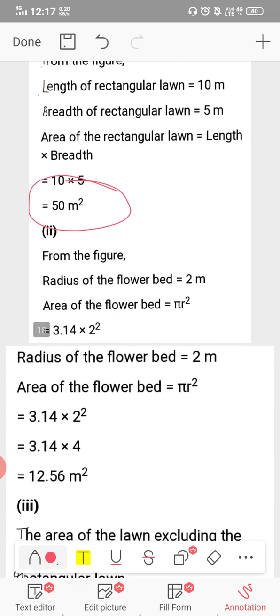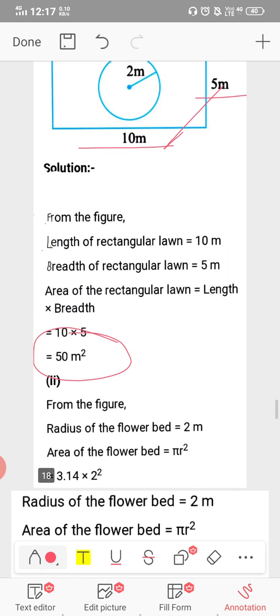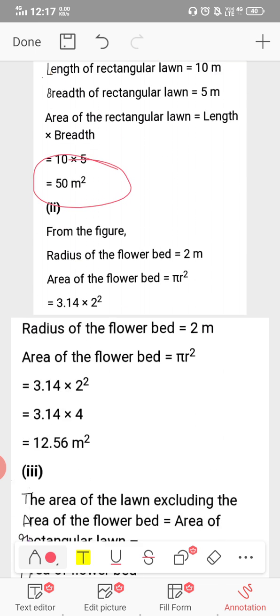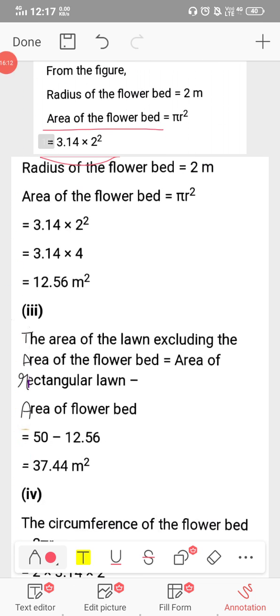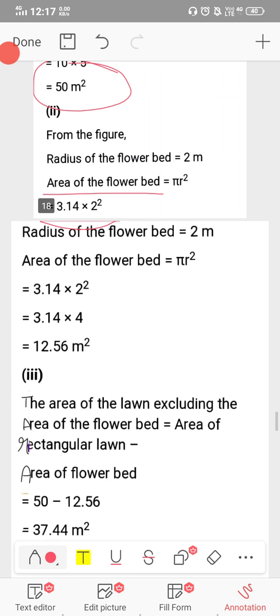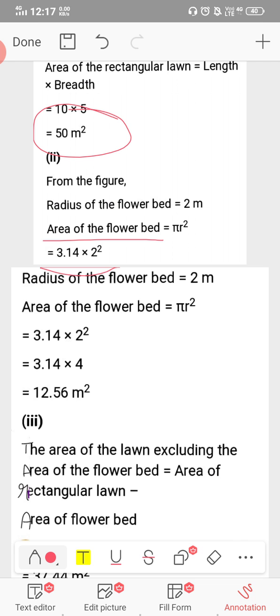Second, the radius of the flower bed is 2 meters, so the area of the flower bed will be pi r square. So we have the values and the answer is 12.56 meter square.